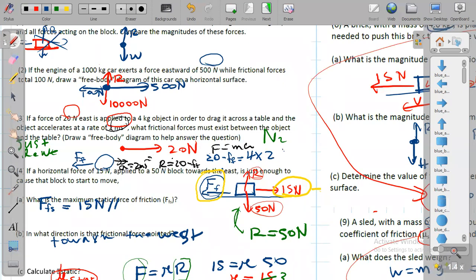So what is the frictional force? The frictional force is going to be 20 minus 8, which is 12 Newton.